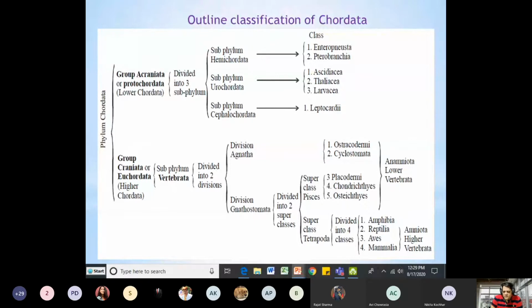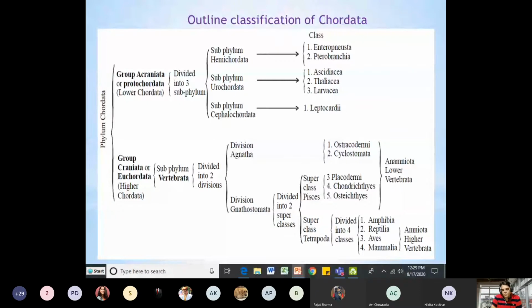It is Young's classification for chordata that we have to follow, not Barnes, because Barnes' classification is related to non-chordata, which we had discussed and studied in the previous semester. So Young's classification from his third edition, we have to go through.